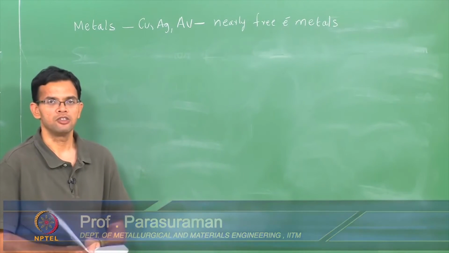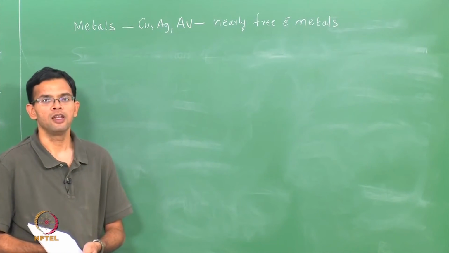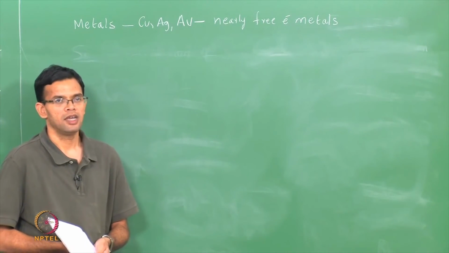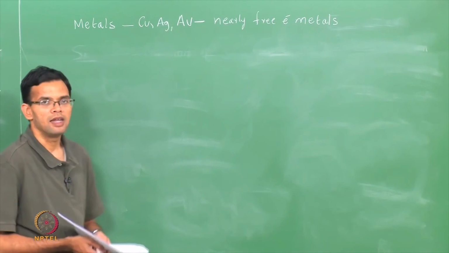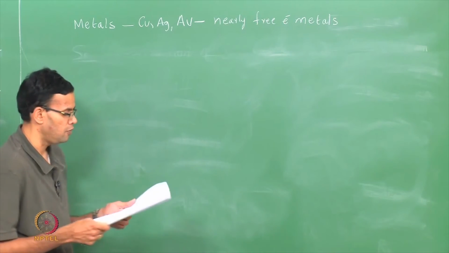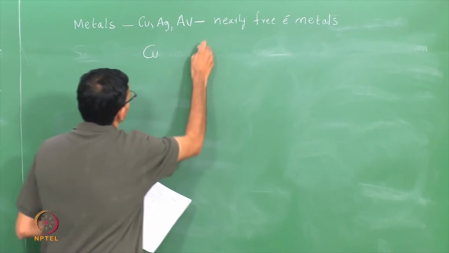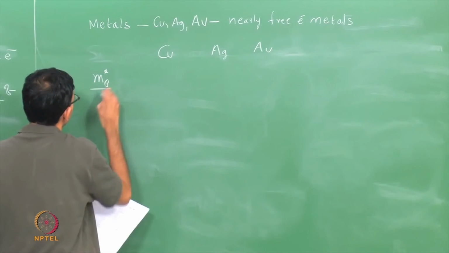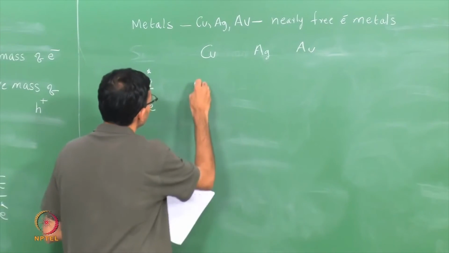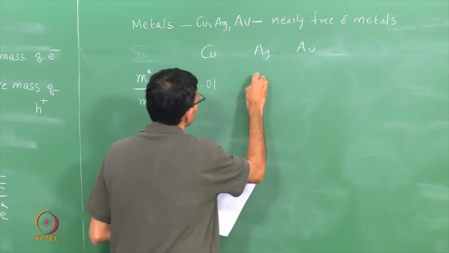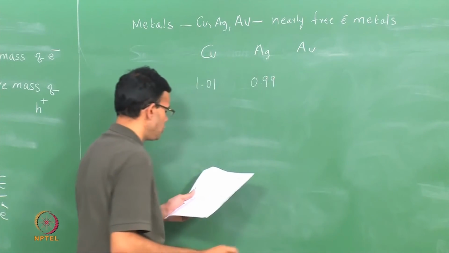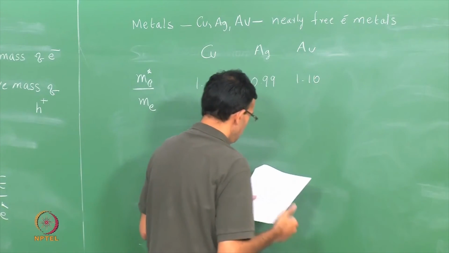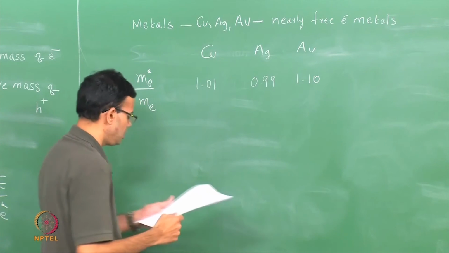This means that these electrons do not see the influence of the nucleus, they are delocalized and they are free to move through the entire metal. In such a case, we would expect me star and mh star to be close to 1, and that is what we get. Copper, silver and gold, me star over me, silver is again 0.99, which is close to 1, copper is also close to 1, gold is similar.